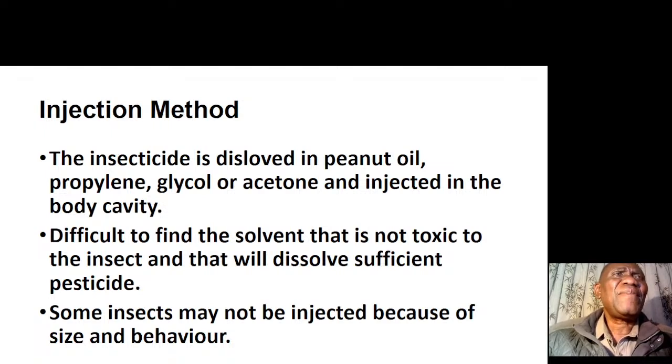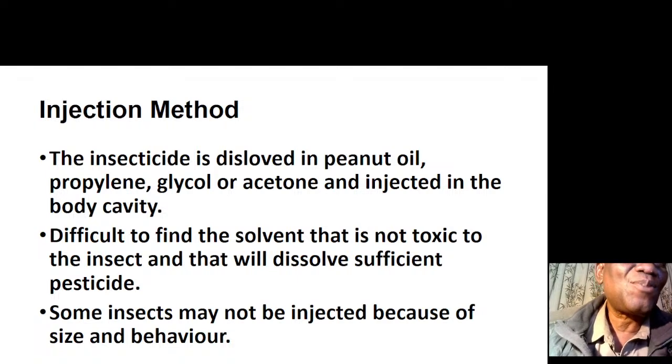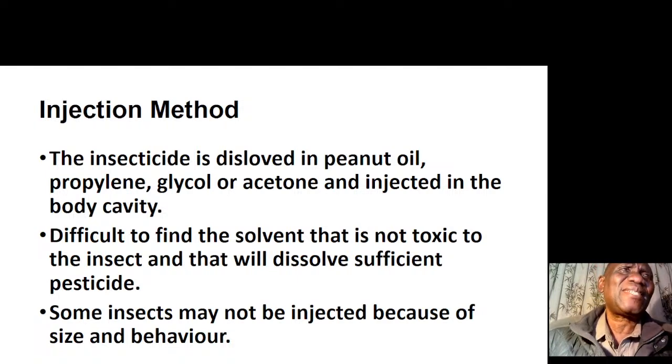Now, it may be difficult to find a solvent that is not toxic to the insect and that will dissolve sufficient pesticide. So sometimes you find that the solvent itself may kill the insect, and you cannot tell the activity.